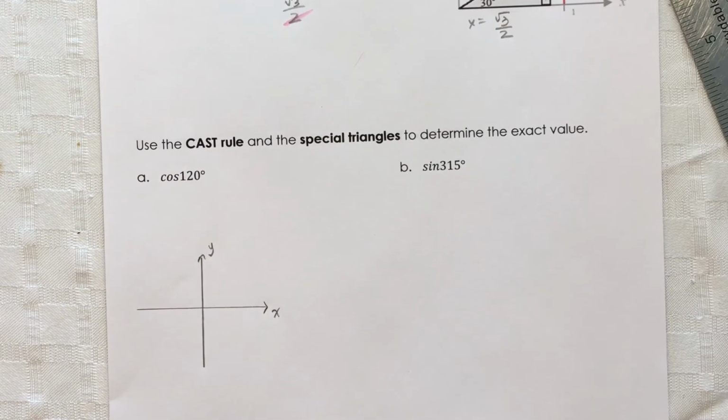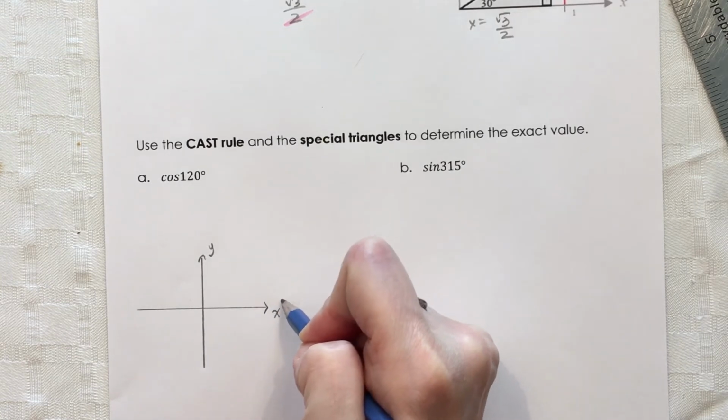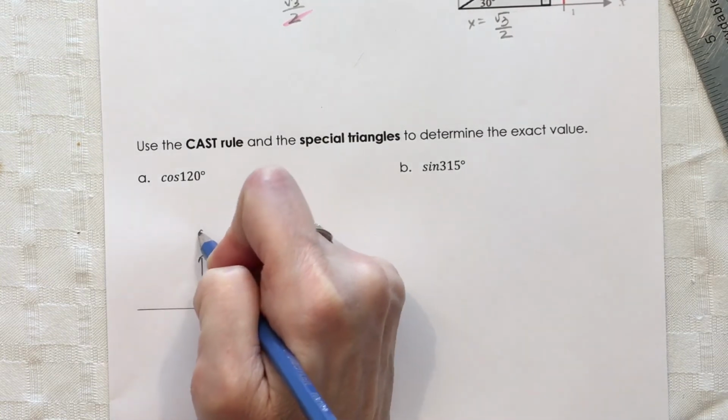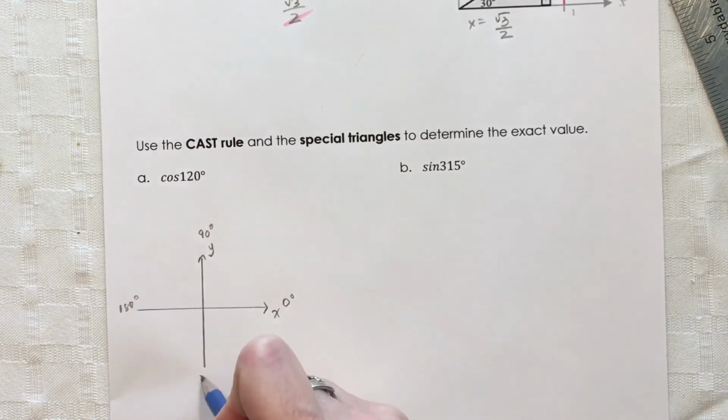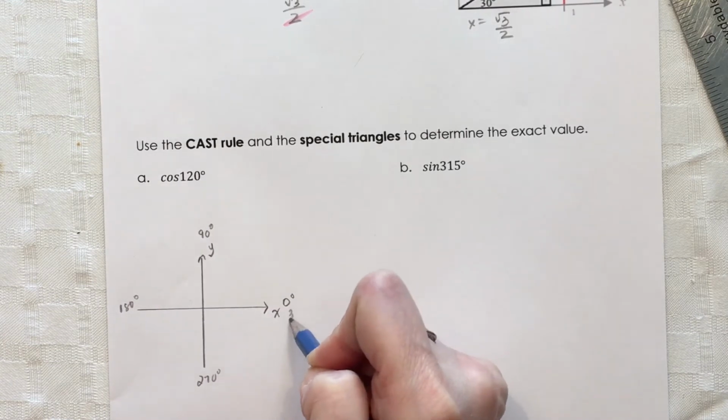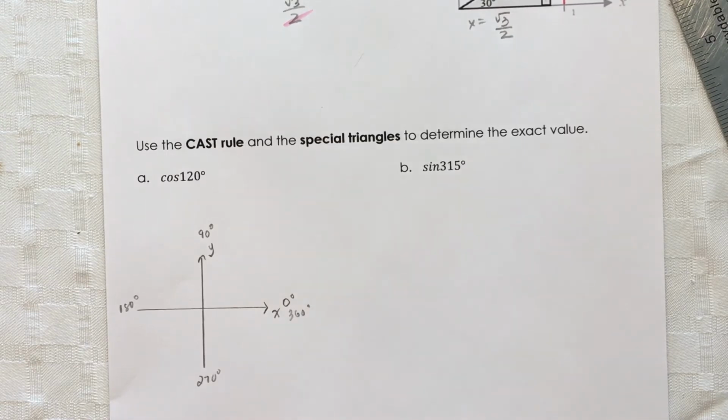All right, so first thing I have to remember is there's 4 quadrants, 0, 90, 180, positive, 270, 360. And I want to know, where does 120 fit?